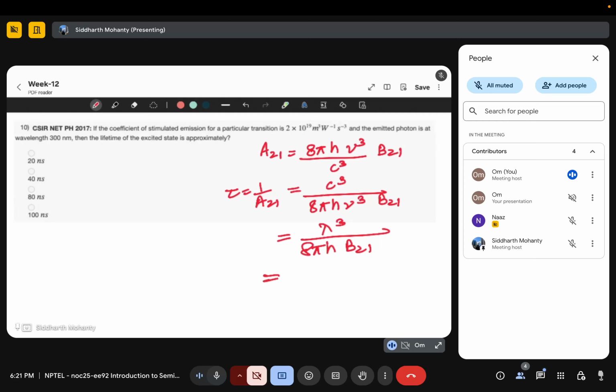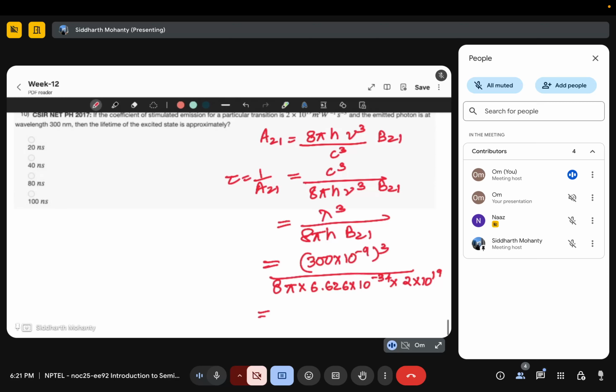So if we substitute the values, lambda is 300 nanometer, so 300 into 10 to the power minus 9 cubed, divided by 8 pi times 6.626 into 10 to the power minus 34 times 2 into 10 to the power 19.